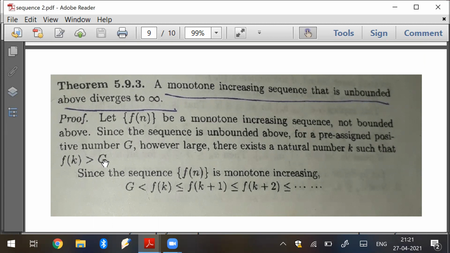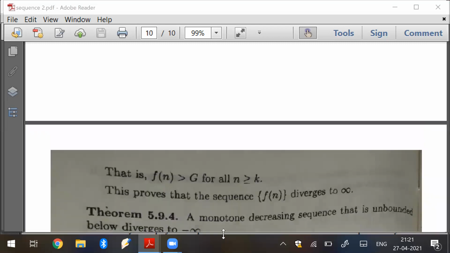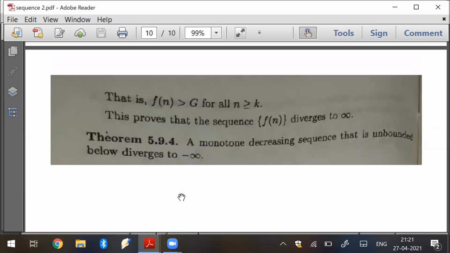But since your sequence is monotone decreasing, all these numbers will follow: minus G is greater than fk, which is greater than or equal to fk plus 1, which is greater than or equal to fk plus 2, and this continues. So all these numbers are smaller than minus G. Obviously we cannot put a bound on the lower side. That means it is unbounded below and it goes on diverging towards minus infinity.